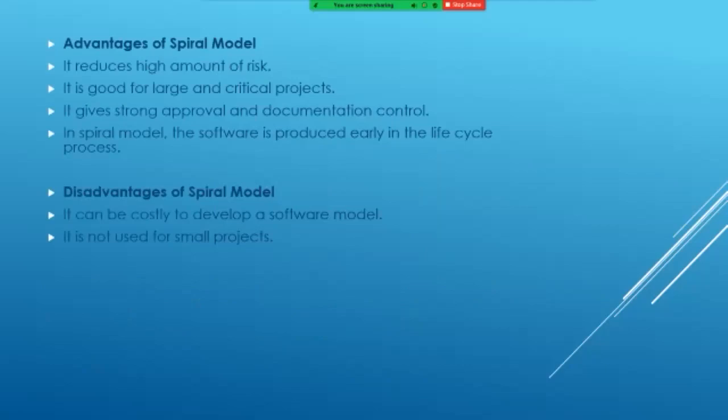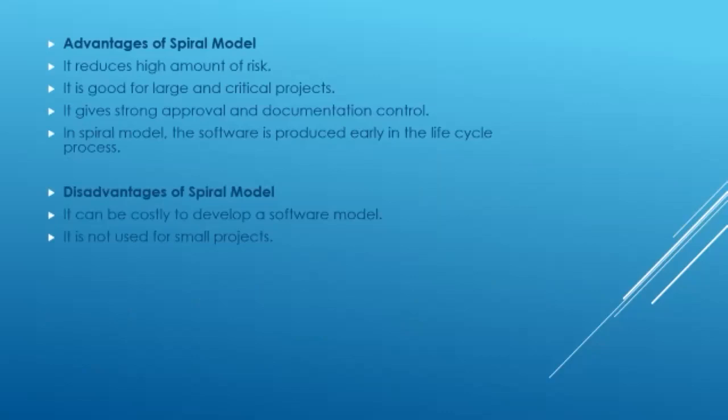Here are some advantages of this spiral model. It reduces a high amount of risk. It is good for large and critical projects. It gives strong approval and documentation control.